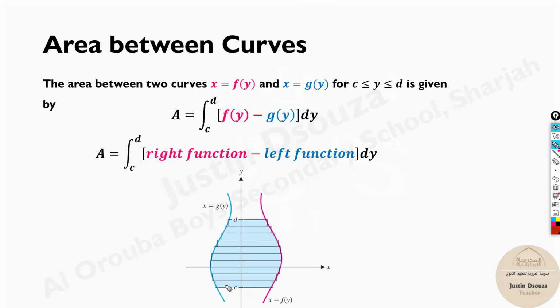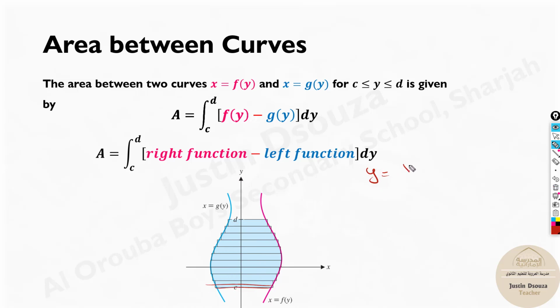And you should also remember the limits are there, right? Here it's written as CD. You can write it as AB, it's fine. But it's along the y-axis, because it's with respect to y, right? Now what basically it means is you want to find this area, isn't it? So what you're doing is cutting the cross sections.